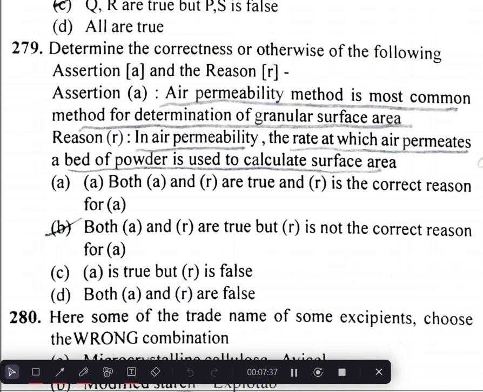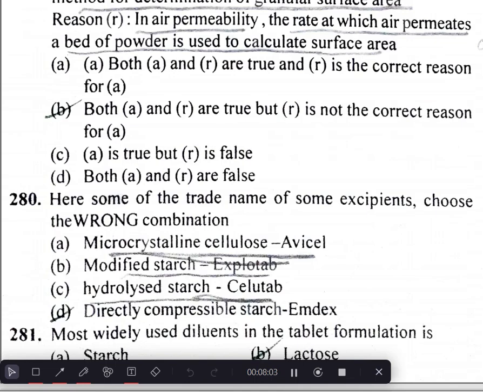Determine the correct statement from the above. Both of these statements are correct, but R is not the correct reason for A. The statement A is air permeability method is most common method for determination of granular surface area, and in air permeability the rate at which air permeates a bed of powder is used to calculate surface area.